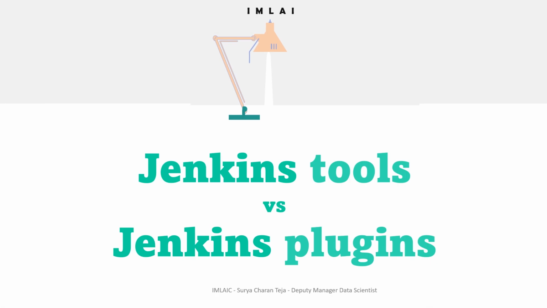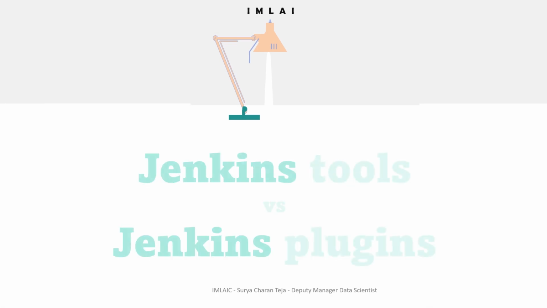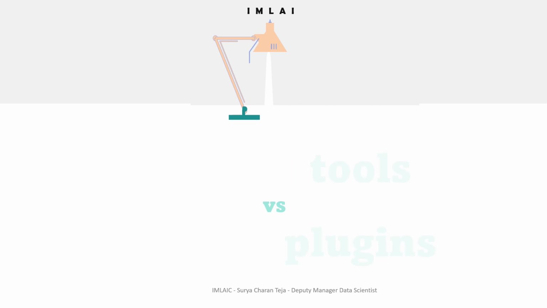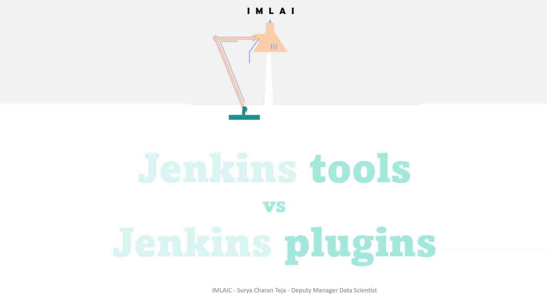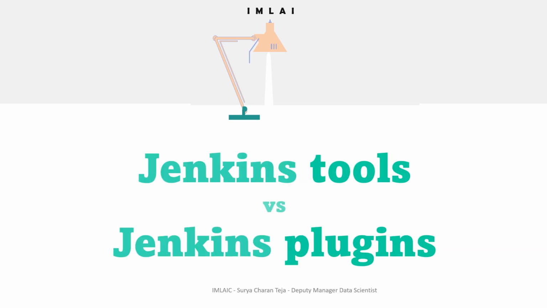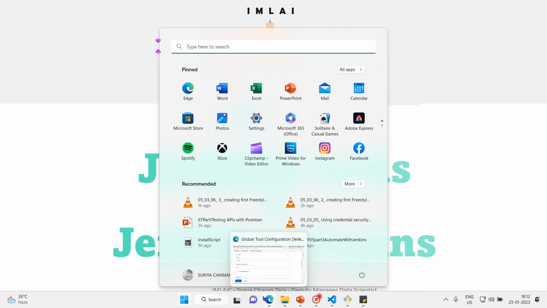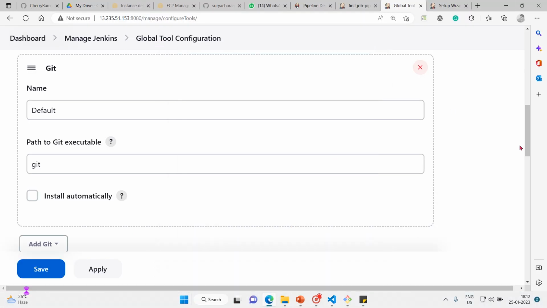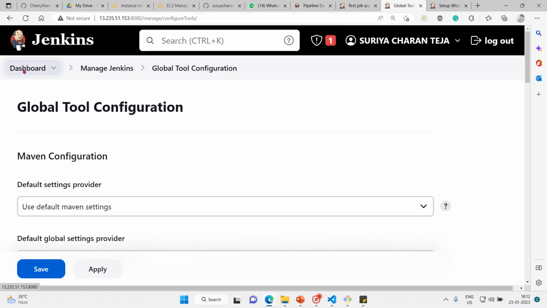So now let's do an exercise on this to demonstrate the differences between Jenkins tools and Jenkins plugins. So for that, let's get into our Jenkins and take me back to the dashboard.